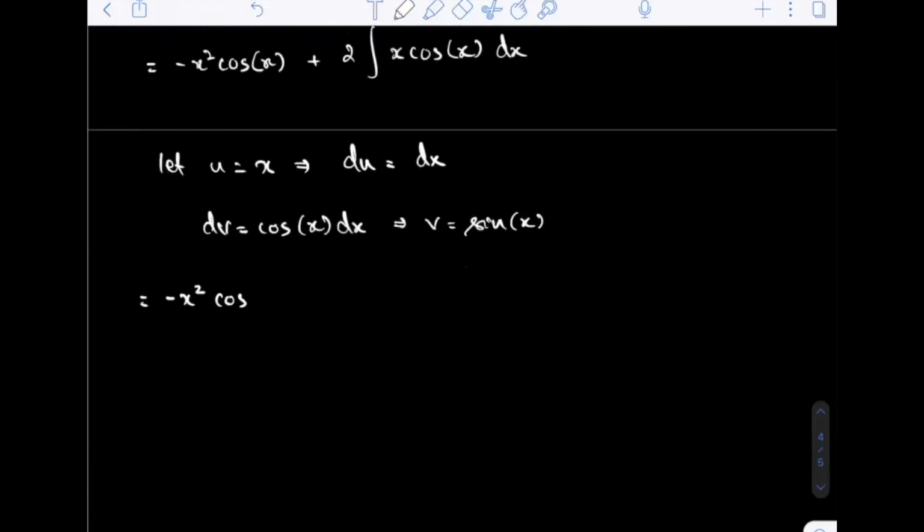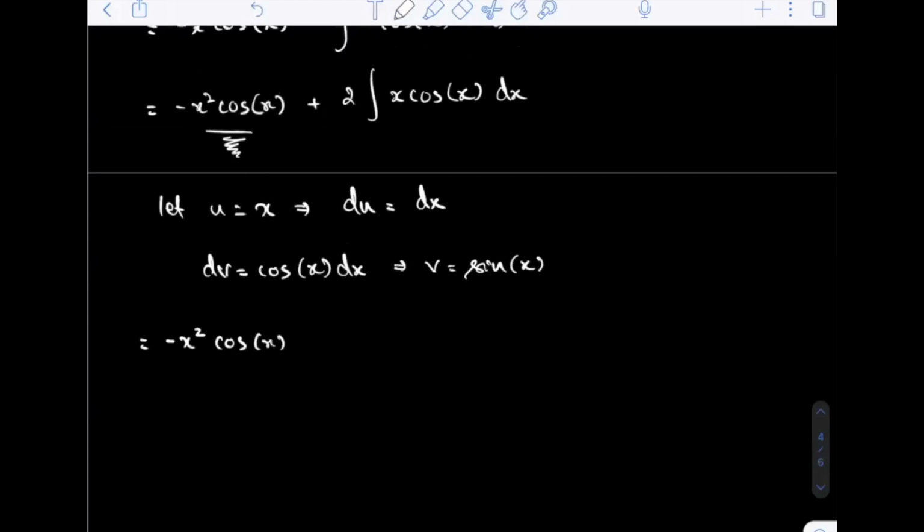So you have negative x squared cosine of x, so I just copy the first term here. And for the second term, we just use integration by parts to evaluate that integral. You have 2 still outside, multiplied by u times v, which is x times sine of x, minus the integral of sine of x dx.